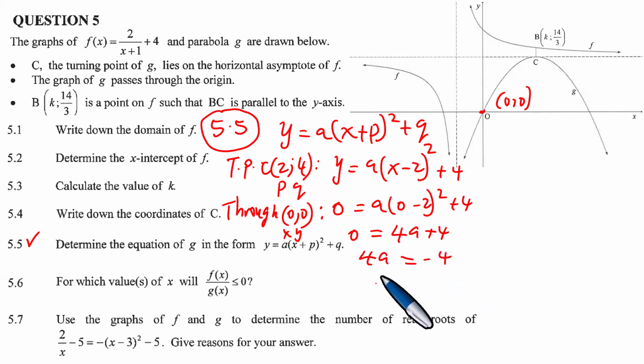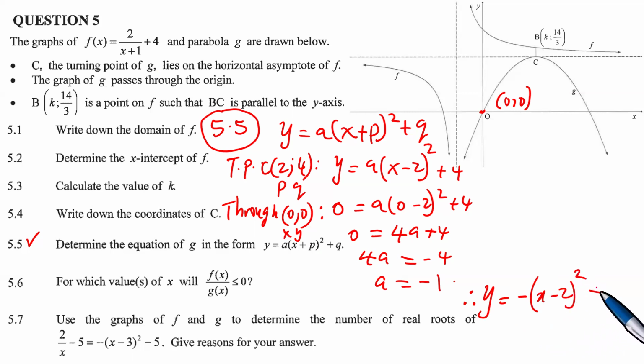So 4a equals minus 4. You divide through by 4, you get a equals minus 1. After having obtained a equals minus 1, the conclusion is that our y is equal to minus (x minus 2) squared plus 4, like this.